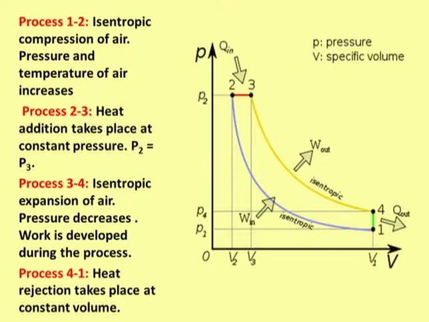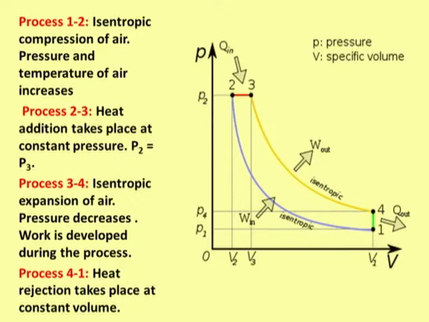Process 2-3, heat addition takes place at constant pressure, P2 is equal to P3. Process 3-4, isentropic expansion of air takes place. Pressure decreases. Here the work is developed during the process. And process 4-1, heat rejection takes place at constant volume.